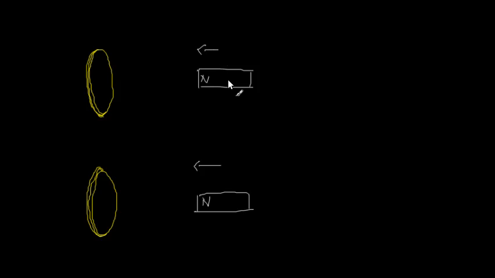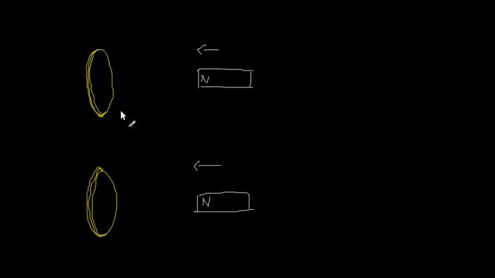Now, from what we understand of electromagnetic induction, as I move the magnet closer to the loop, assuming that this is made of copper so that it can conduct electricity, the magnetic field going through this loop will get stronger.